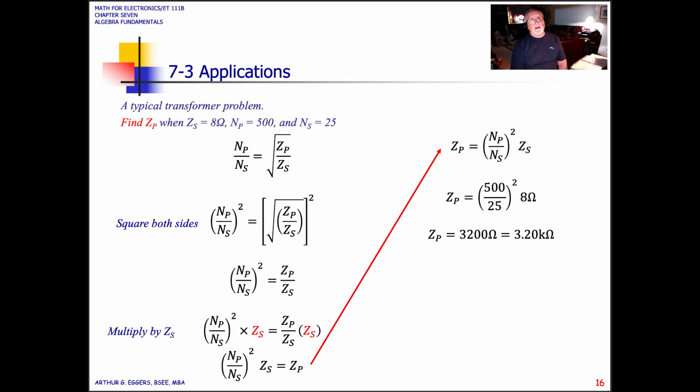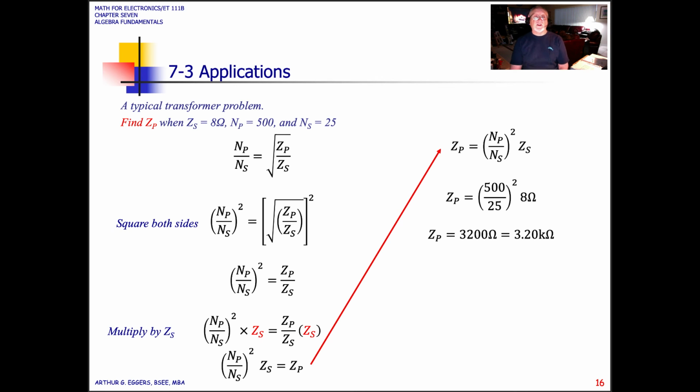So we're given a basic equation here that sets up the number of turns in a transformer is equal to the square root of the ratio of the impedance, primary and secondary. So we're given values, the impedance in the secondary as 8 ohms, the number of turns in the primary 500, and the number of turns in the secondary 25.